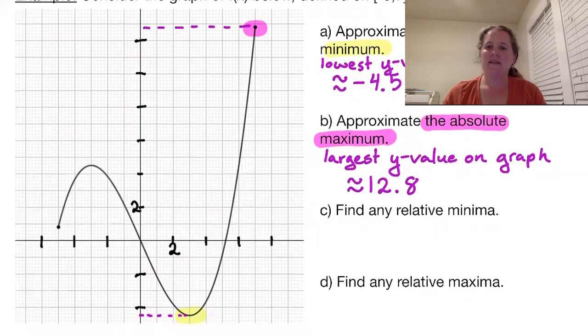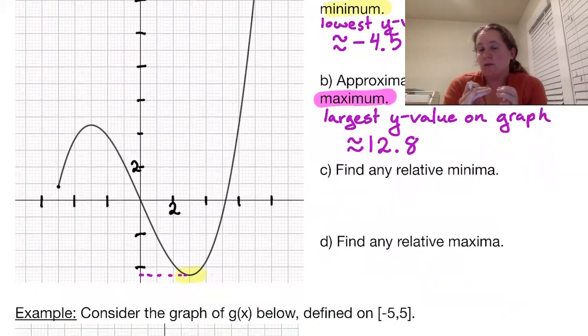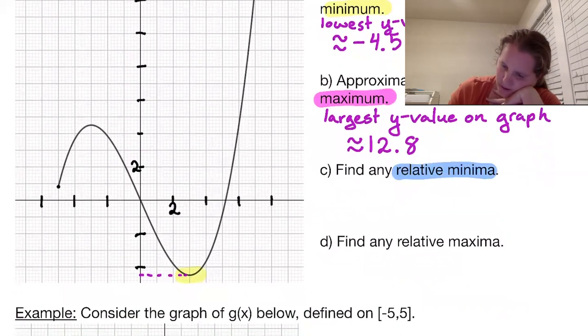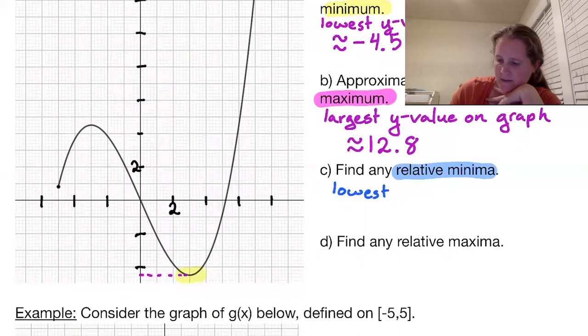And then the relative minima are just locally the lowest point. So it doesn't matter what's going on elsewhere on the graph, it's just locally the lowest point. So again, it's the lowest y value nearby.